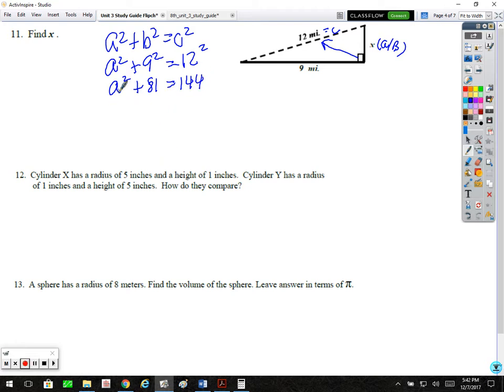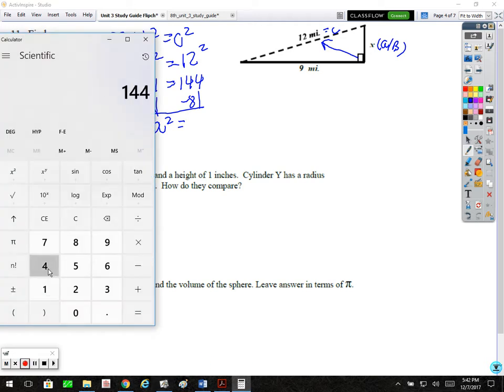All right, so I'm trying to solve for a squared, so I need to move this 81 to the other side. So this is going to cross off. I have a squared equals, take your calculator, 144 minus 81. And yes, you can do it in your head, but it's always better to be safe. I see, because I just added instead of subtracted. No, I multiplied, didn't I?